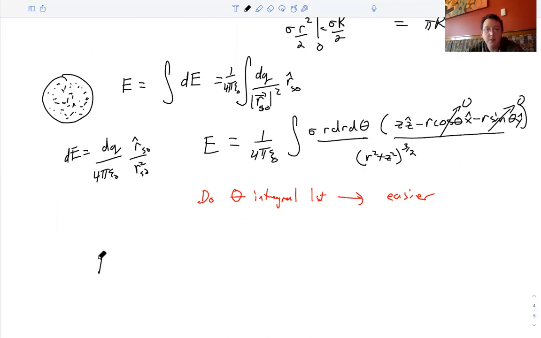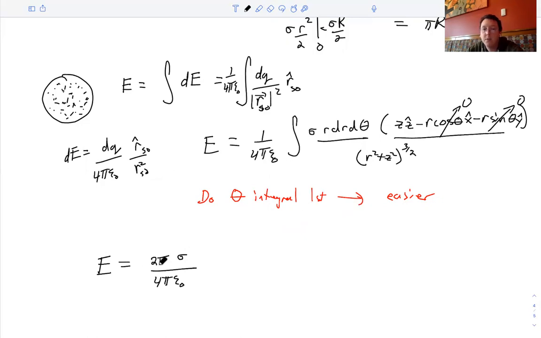So we're going to be left with the electric field. And notice the other terms, the z component is constant, independent of theta, not like the ring example. So what I ended up with is just an overall factor of 2 pi. Sigma is a constant, so I'll pull that out front.